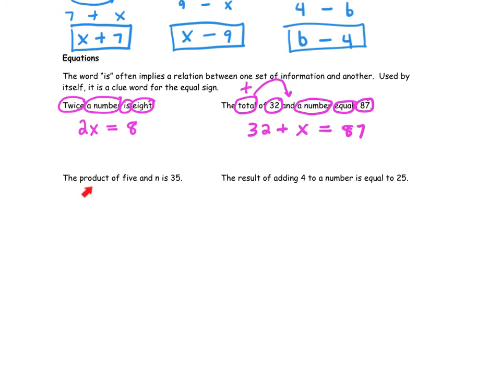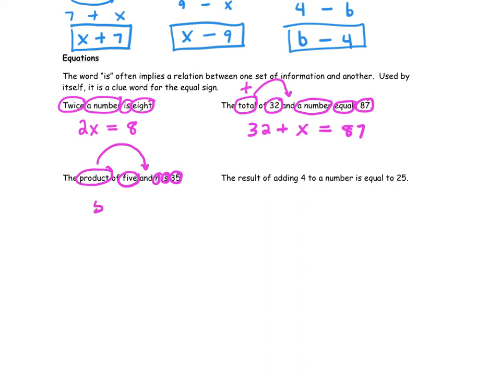The next phrase is "the product of 5 and n is 35." So product means that we're multiplying. 5, n, they're giving us a variable this time, "is," and 35. So the product is where we insert that we're multiplying, right here where the "and" is. And we're multiplying 5 and n.